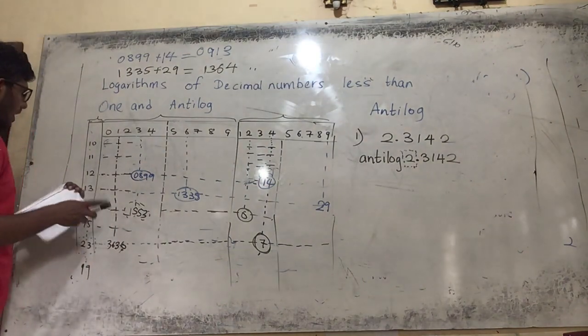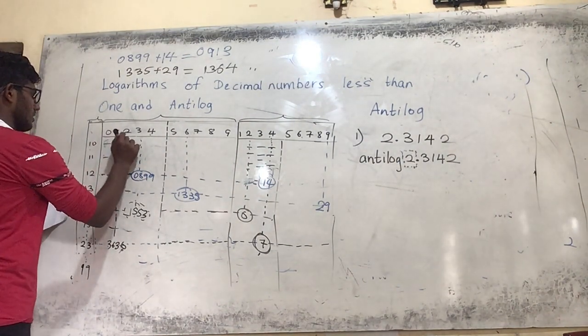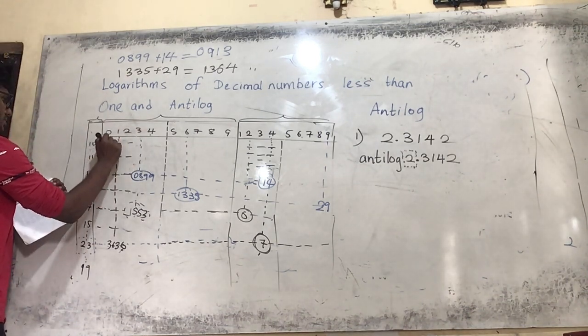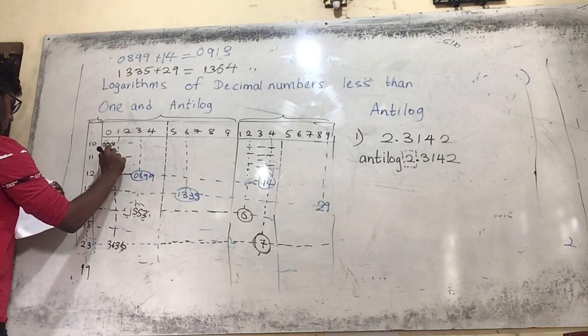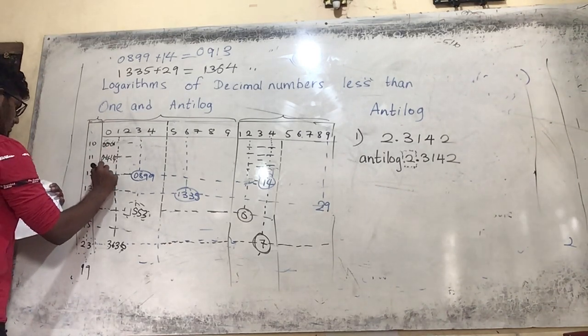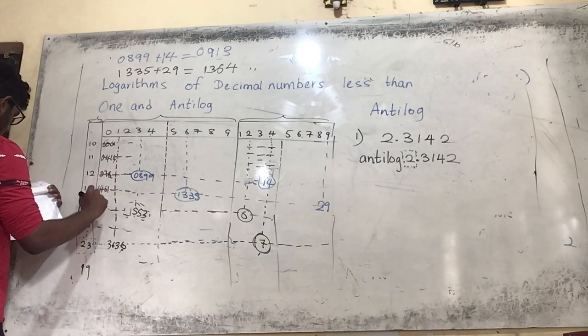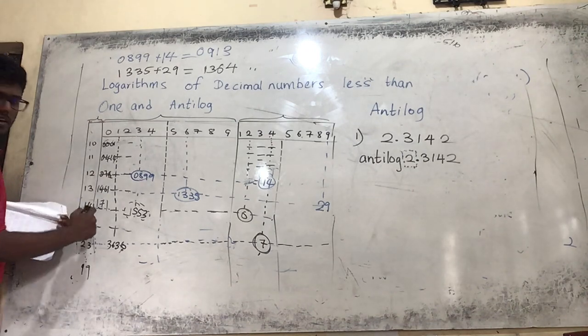So I will write what is in each column. Here the 0th column: 0, 0, 0, 0, 4, 1, 4, 0, 7, 9, 2, 1, 6, 1, 1, 7, 9. See, these values increase downwards.